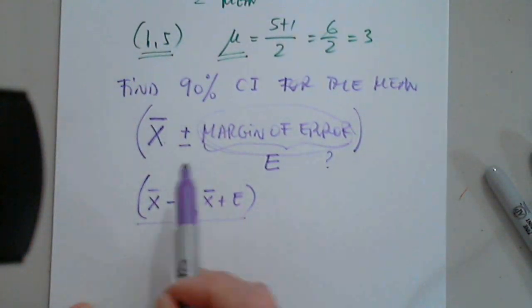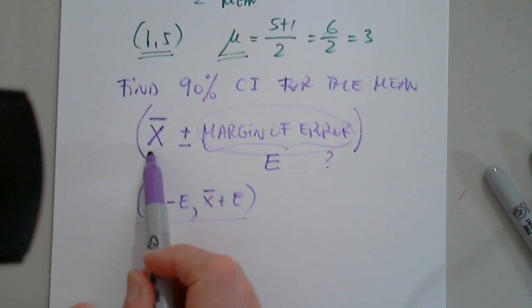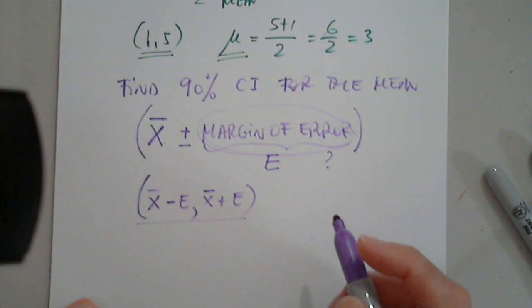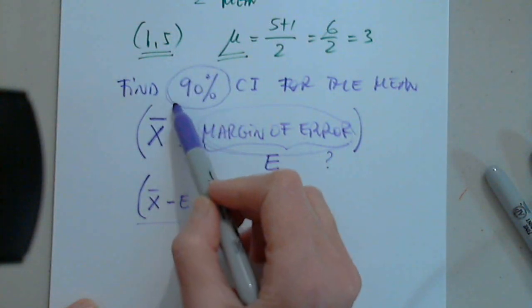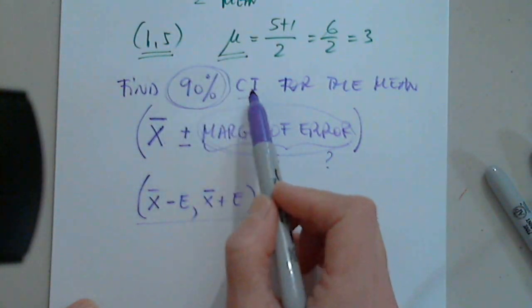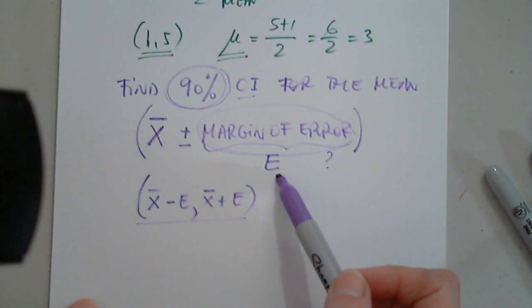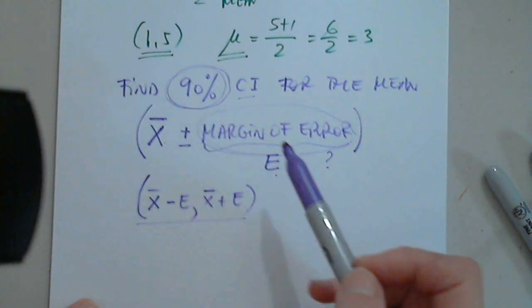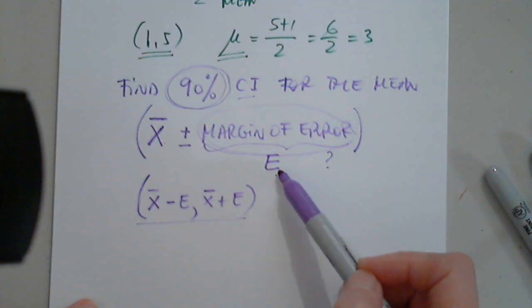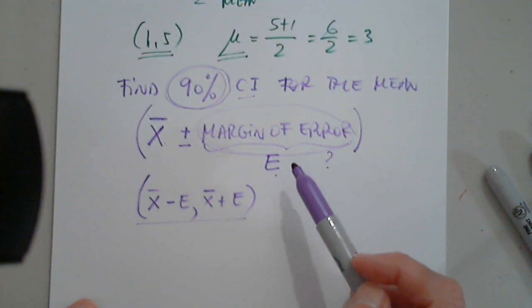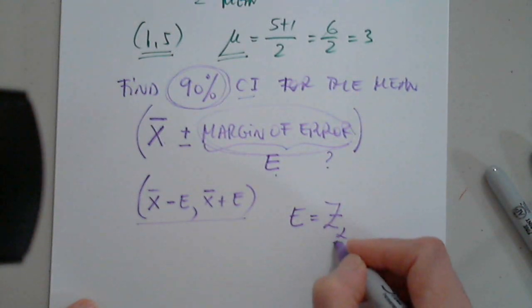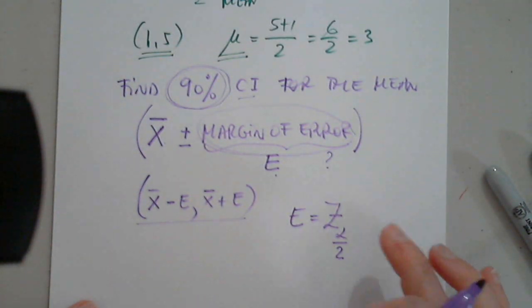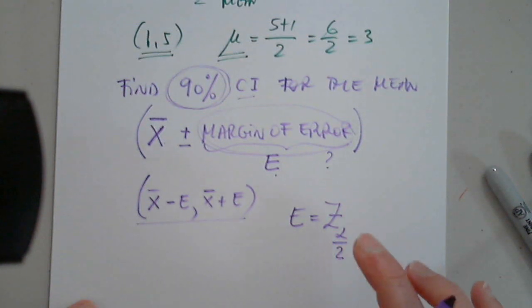How do we determine the margin of error for the mean? The margin of error depends on the level of the confidence. If this is 90, I'll get a margin of error. If this is 89, I'll get a different one. If it's 95, I'll get a different one, and so on. So this E is calculated with that Z alpha over 2 that I showed you.